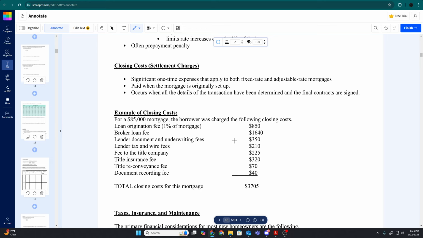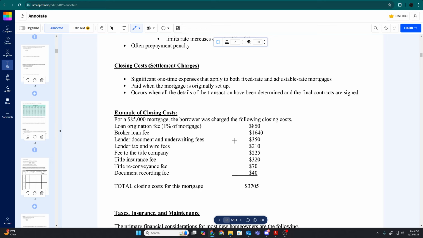You have taxes. Depending on the situation, for example in South Carolina, we pay property tax in the beginning of the year, or before the year starts. So if you were to sell your home in June, you paid for the whole year, so the buyer has to pay you back for the remainder of the year.